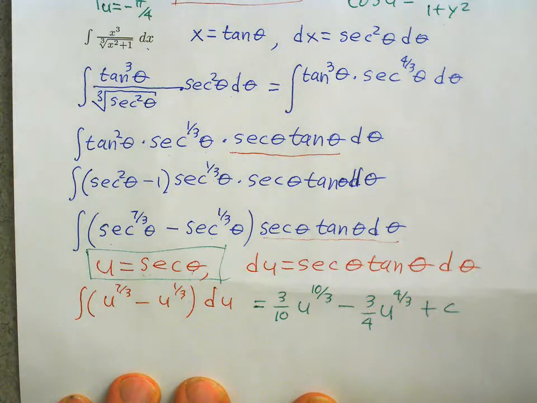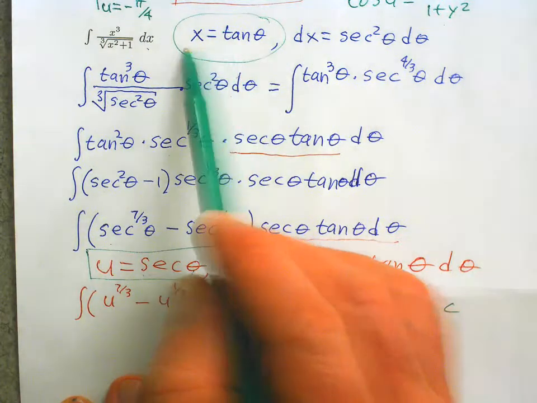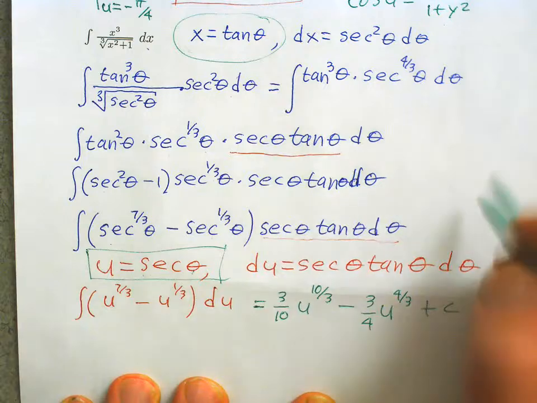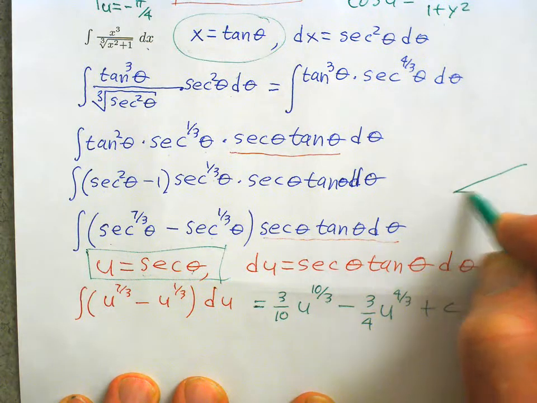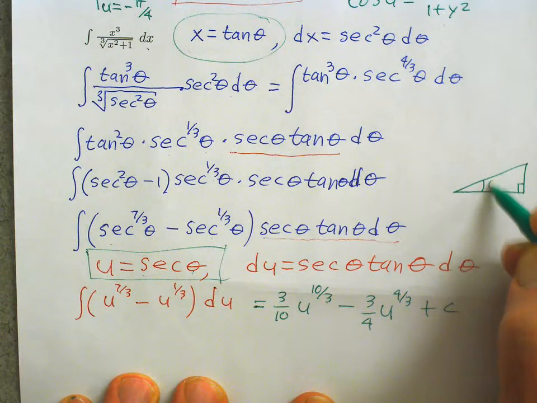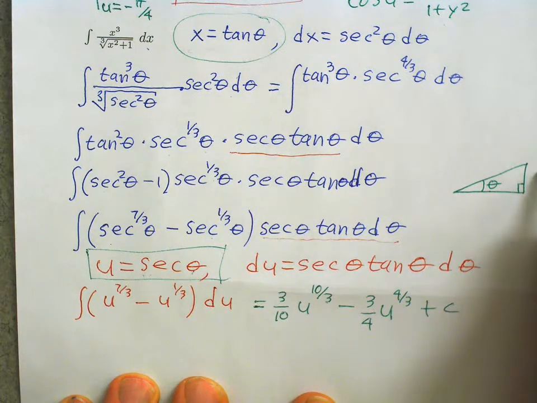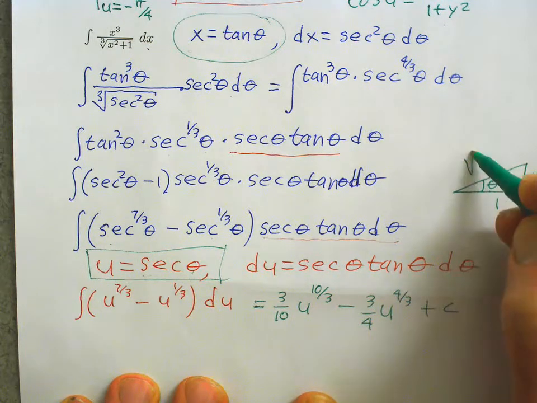Okay, so let's use right triangle trigonometry and the assignment x equals tangent of theta. So if theta is the angle and the tangent is x, we get x over 1. And then the hypotenuse is the square root of x squared plus 1.